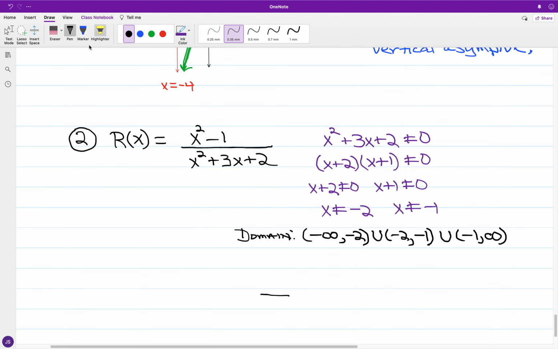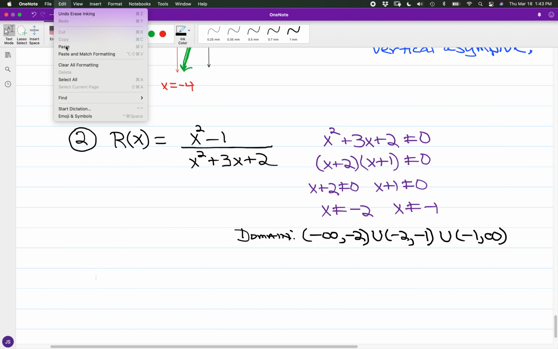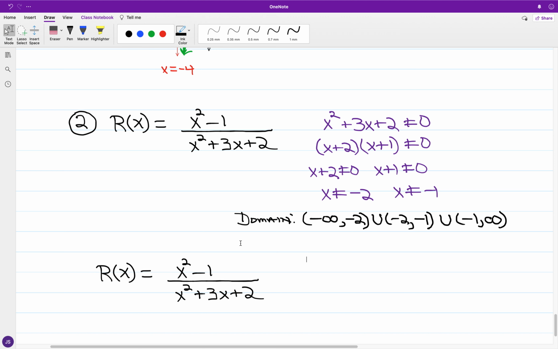Now, where vertical asymptotes might appear, just taking what we have now, representing the rational function: you have x squared minus 1, and if I factor, we have the quantity x plus 1 times the quantity x minus 1.